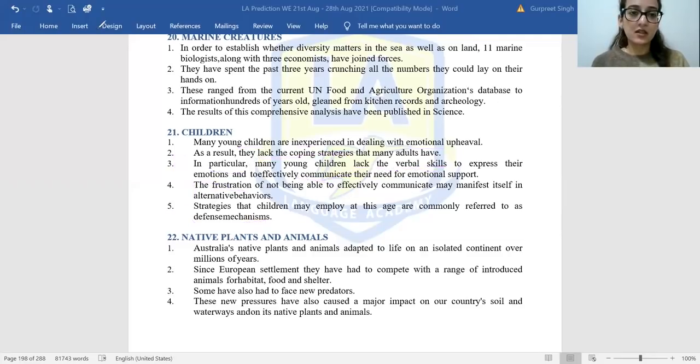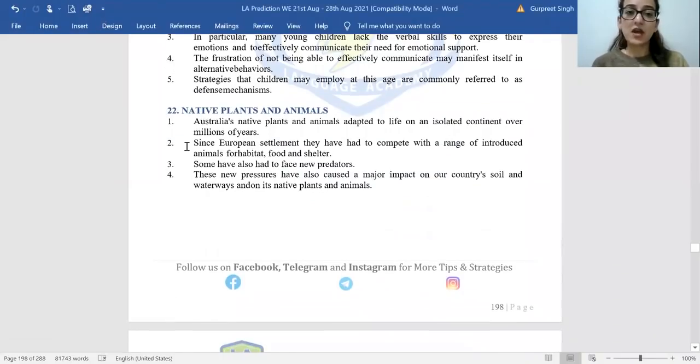Next one, 22. Native plants and animals. So this one is: Australia's native plants and animals adapted to life on an isolated continent over millions of years. So we're talking about Australia's plants and animals, and we have millions of years. Since European settlement, they have, who are they? They have had to compete with a range of introduced animals for habitat, food, and shelter.